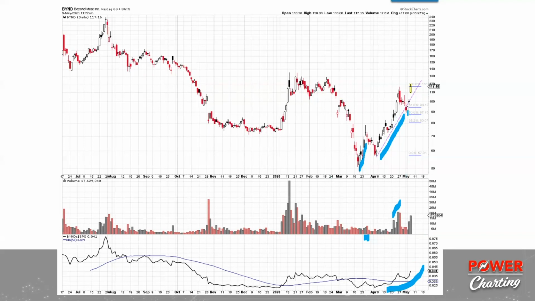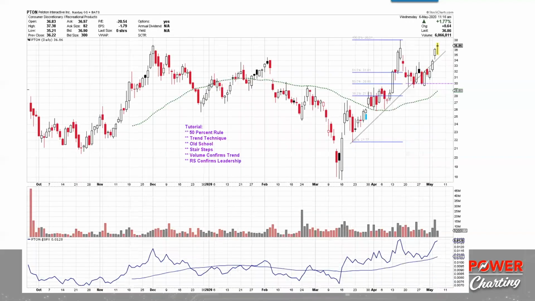Off of this 50% touch, there's a really vibrant turn and a push up with the gap that is taking it up to these prior peaks. There may be some work absorbing the supply overhead, but this is a stock that is acting as though it wants to reassert its leadership.